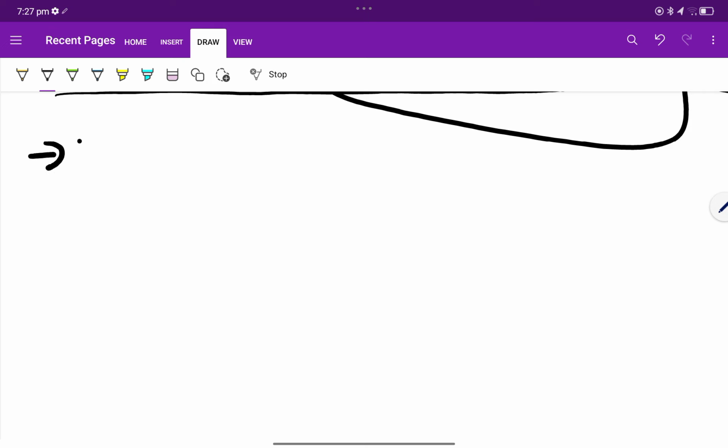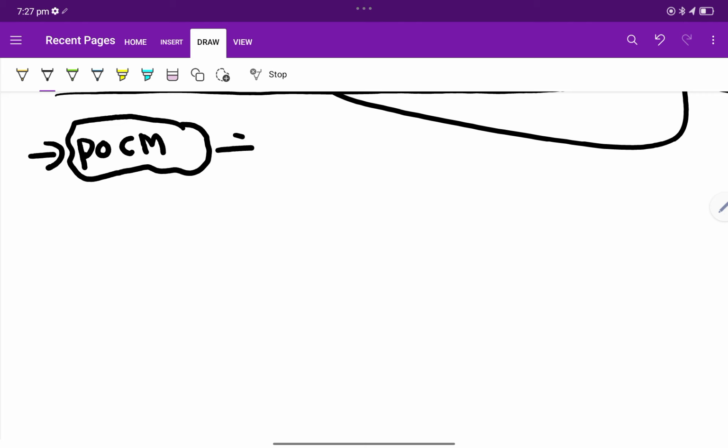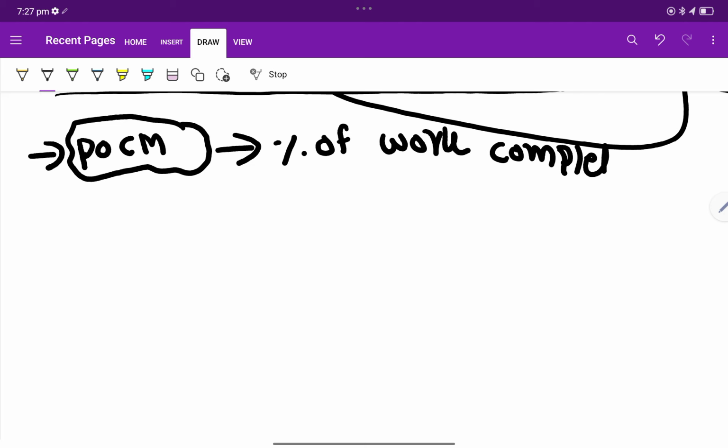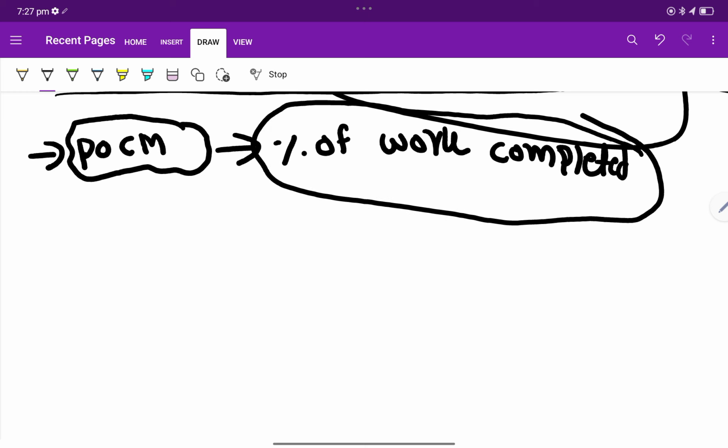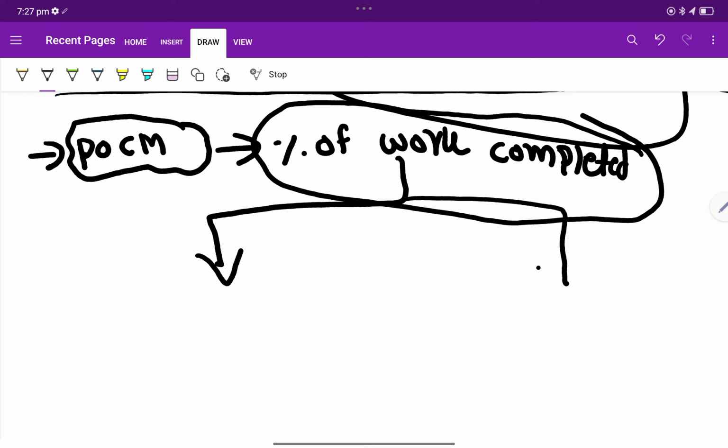So percentage of completion method: revenue is recognized based on the percentage of work completed. In this way, you can recognize the revenue. So it matches two concepts of our basic accounting principles. While discussing the peculiar behavior of the contract, we discussed one basic principle.